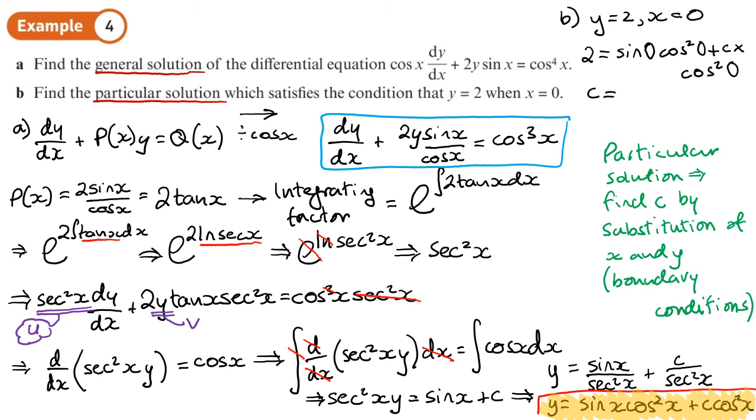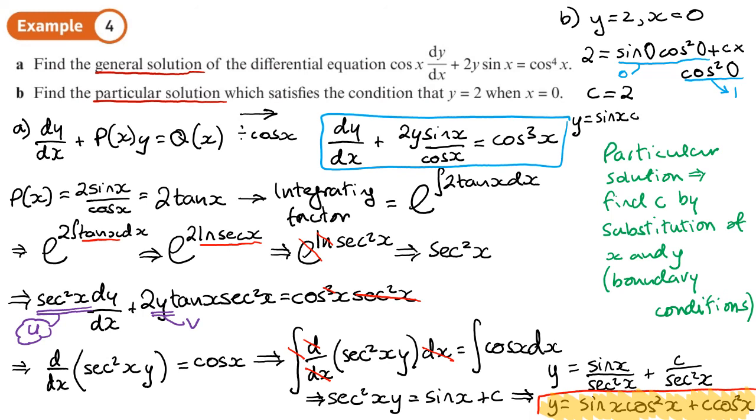So we can easily solve that, since all of this bit here is just going to be 0 because sine 0 is 0. All of this bit here is going to be 1 because cos 0 is 1 and that squared is 1. So that means that c is 2. So that's the value of our arbitrary constant. Now we can write down our particular solution, which is going to be y equals basically what we had before, but with 2 at the end.